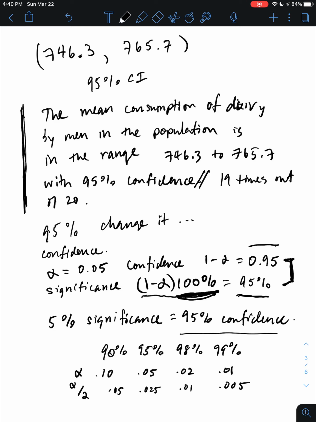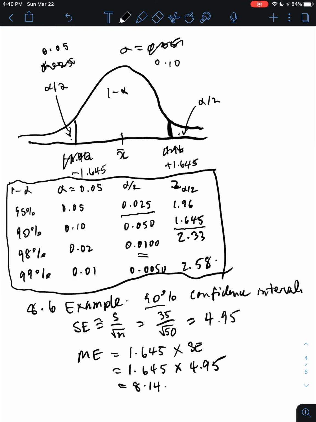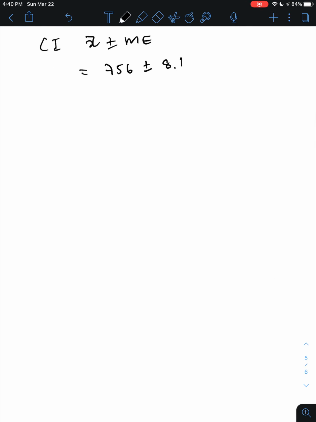Okay, so our confidence interval is x bar plus or minus the margin of error: 756 plus or minus 8.14.